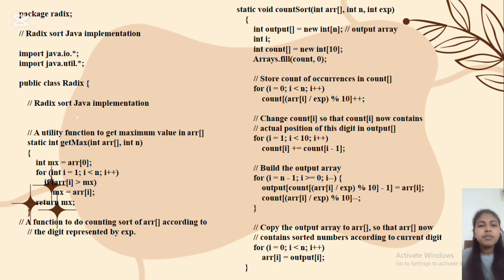In the next for loop, it iterates backwards through the array to ensure stability, and places each number at its correct position in the output. In the last for loop, it copies the stored output back to the original array.